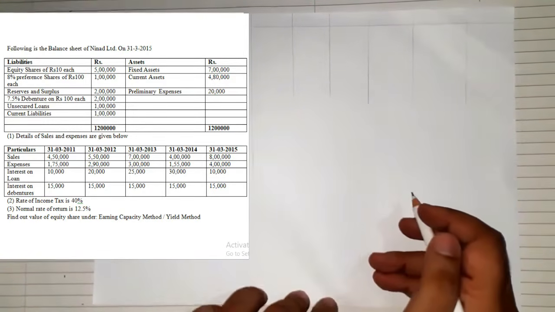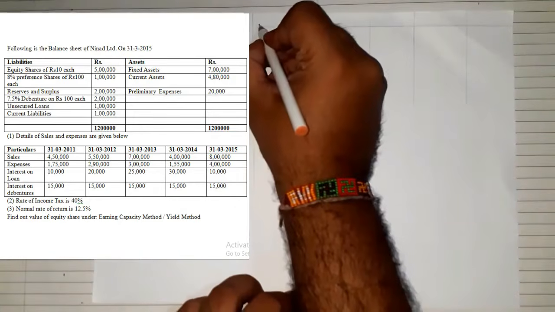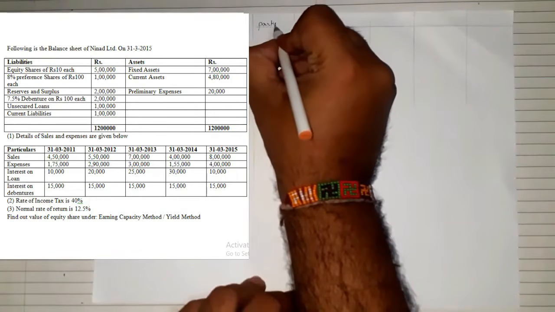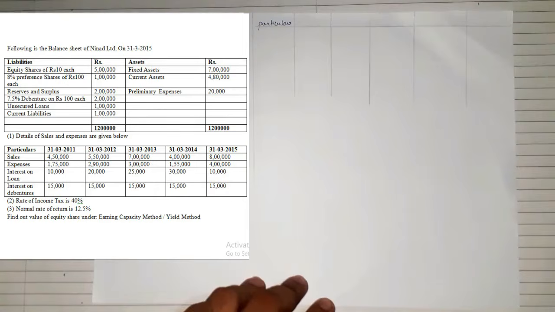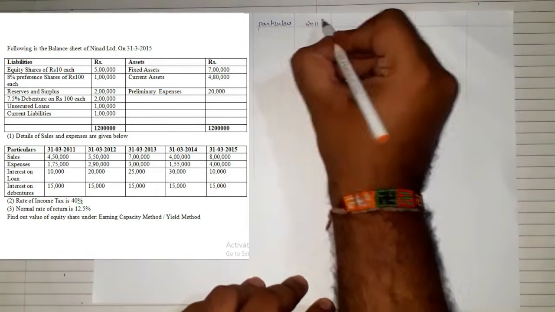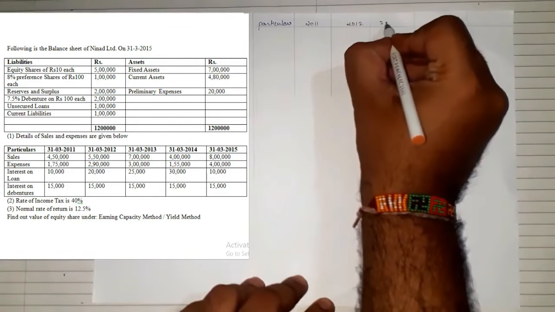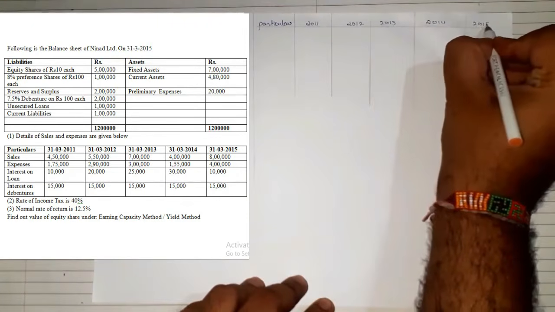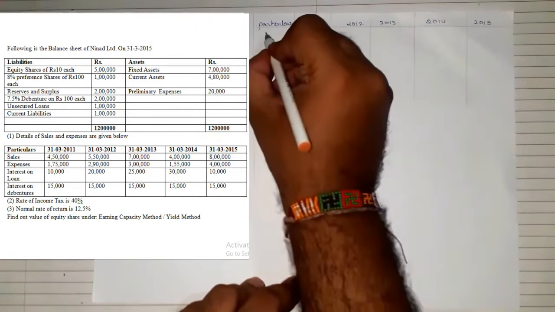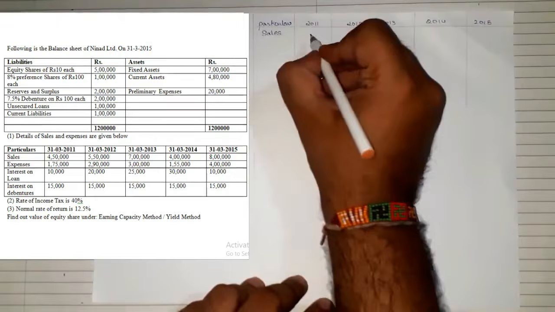Now, I'll note down your particulars. They have given you data for 5 years: 2011, 2012, 2013, 2014 and 2015. The very first thing that they have given you is sales.